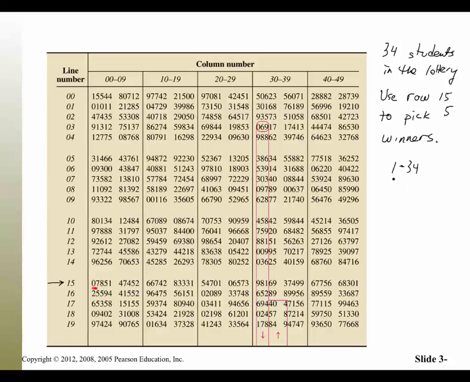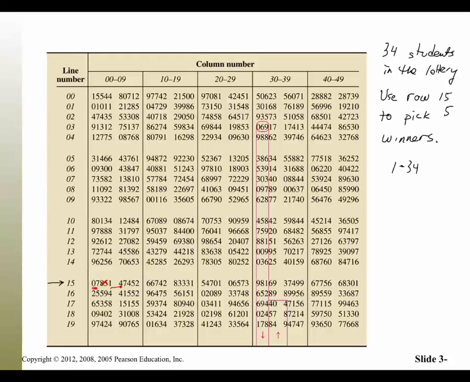Even though 1 through 9 is a single digit, it would have to be 01, 02, or 08 to get one of the first 9. The number of digits per group has to stay the same. It has to be 08.